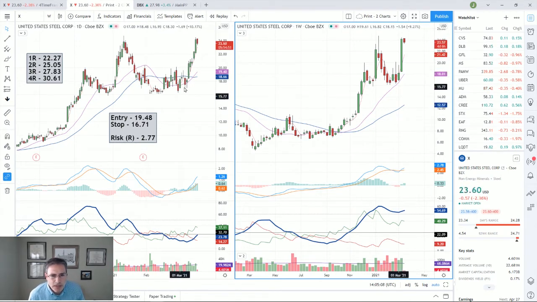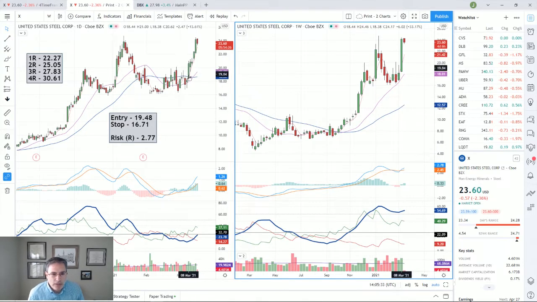That's the difference between our entry and our stop. So at this point, we're going to start looking at levels of R, meaning 1R would be 22.27. That means you add 2.77 to 19.48 and you get your first level of R. And at 22.27, we actually took a quarter off. So if you bought 1,000 shares, you'd be taking a profit of 250 shares at 22.27.